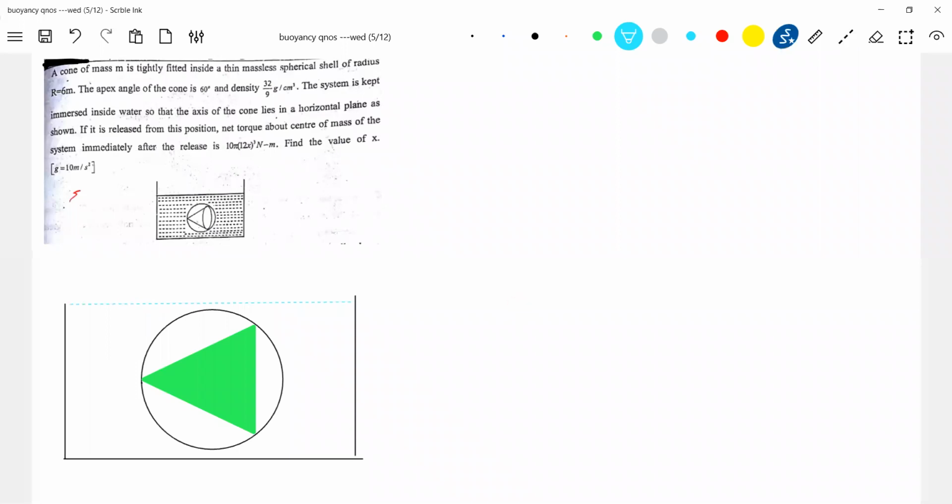Okay, I think everyone is able to understand the diagram. It's a cone. Yeah, nicely it has come. Fine. How are you going to manage this? Let's see.